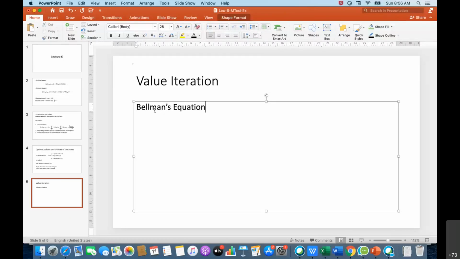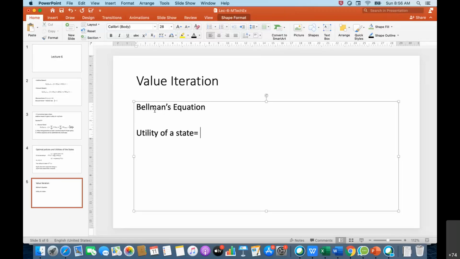So Bellman's equation for utilities does exist. How is utility computed using Bellman's equation?